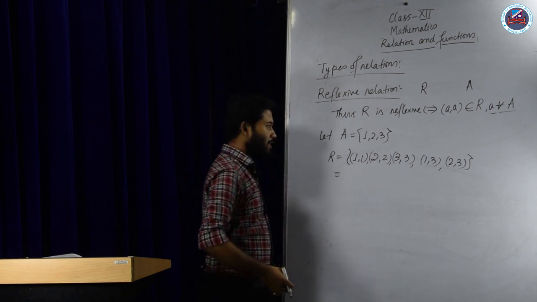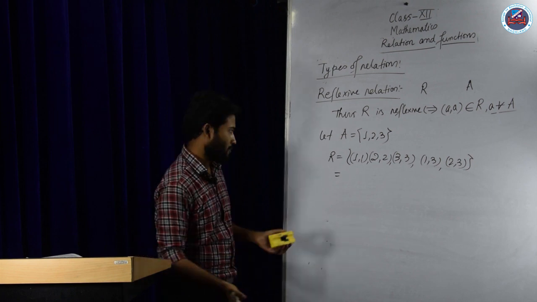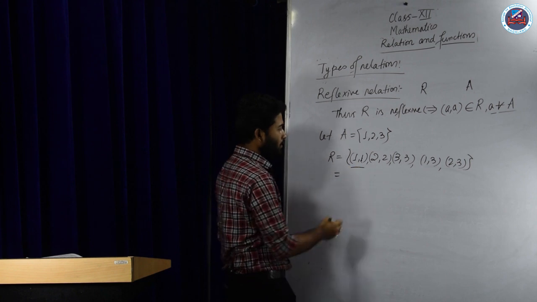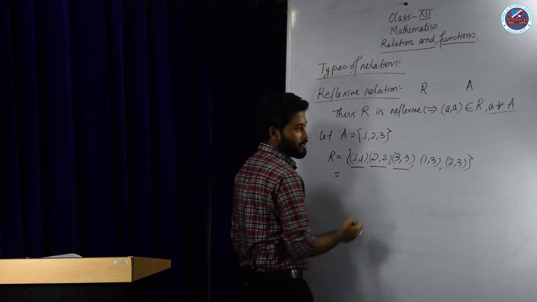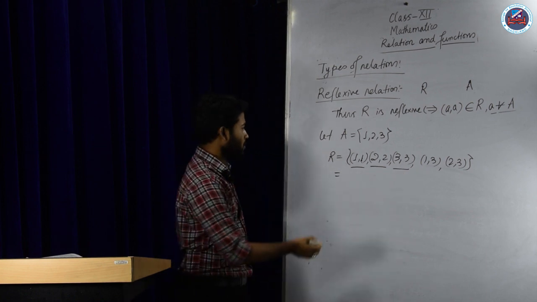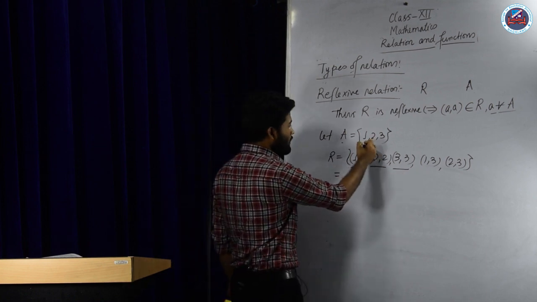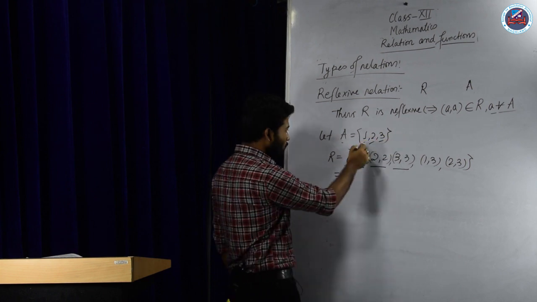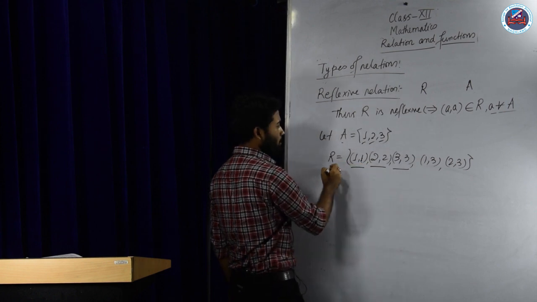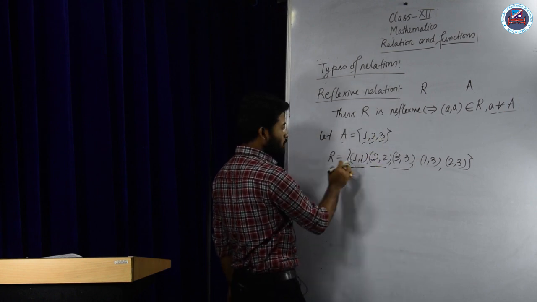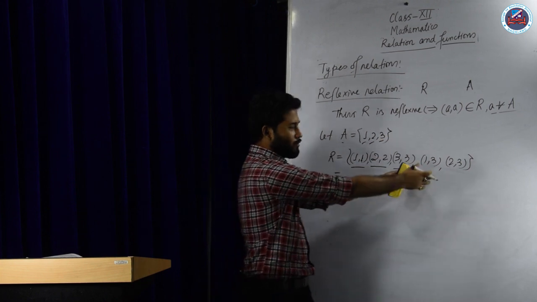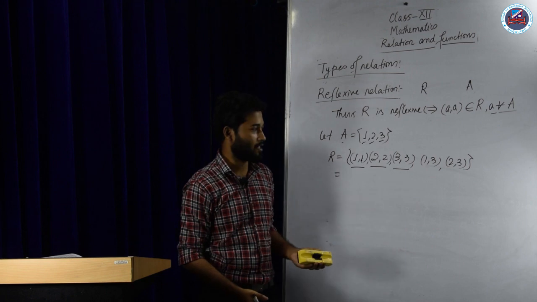Now, is it a reflexive relation? Yes. Why? Because in this relation (1,1) is there, (2,2) is there, (3,3) is there. Why are (1,1), (2,2) and (3,3) necessary? Because in the set A we have the elements 1, 2 and 3. So for 1 we must have (1,1) belonging to R, for 2 we must have (2,2) belonging to R, and for 3 we must have (3,3) belonging to R. The rest we do not have to check in the case of a reflexive relation.